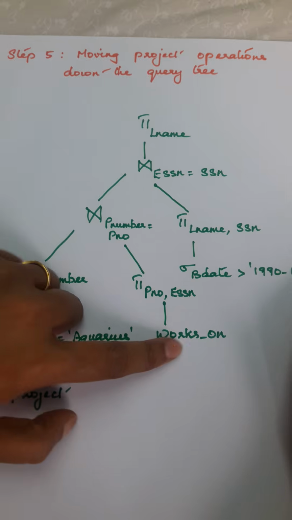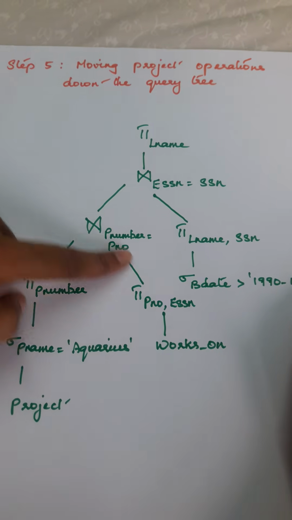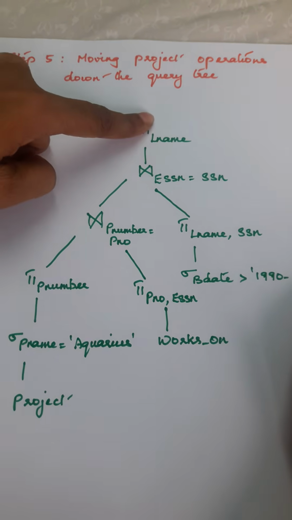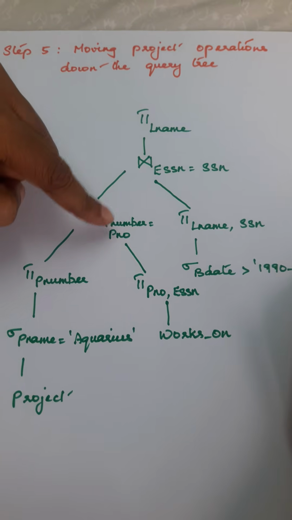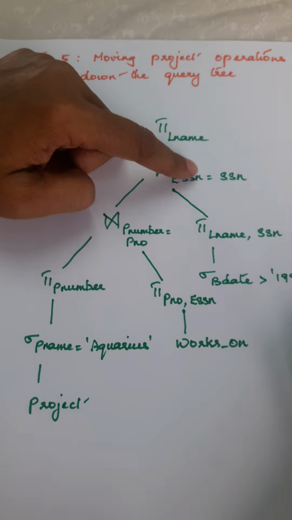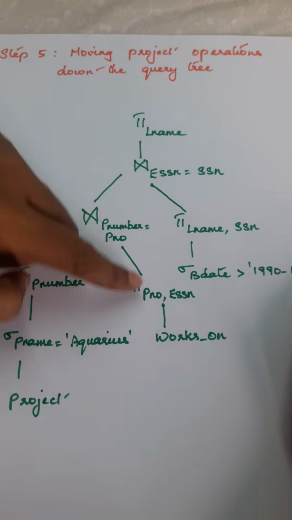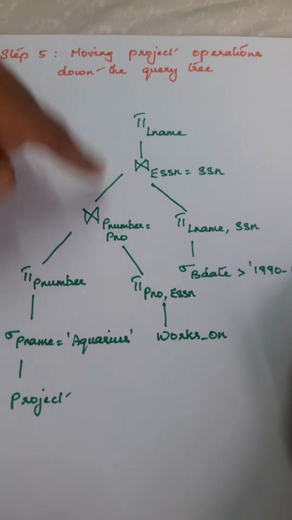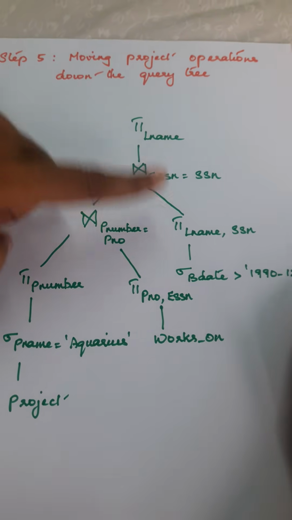Here also just see in works on which all attributes are required for further processing up to root node, and here we will be requiring PNO and ESSN. So just take PNO and ESSN from works on and carry forward.